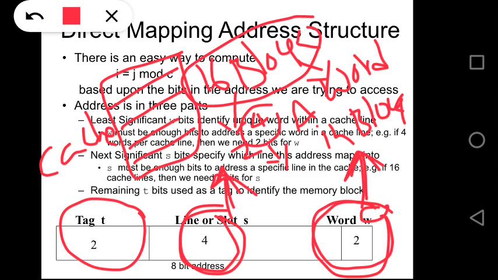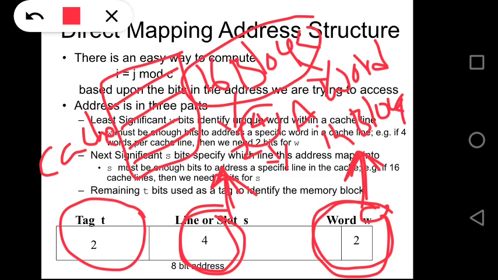And we have the remaining bits, which are used as a tag to identify a memory block.